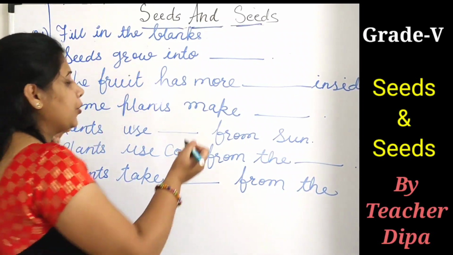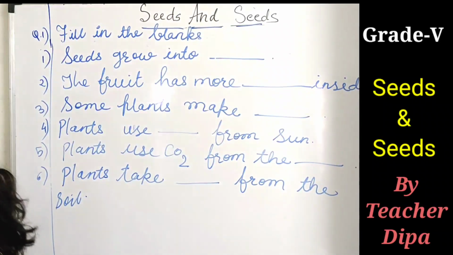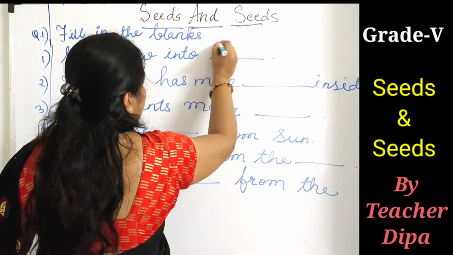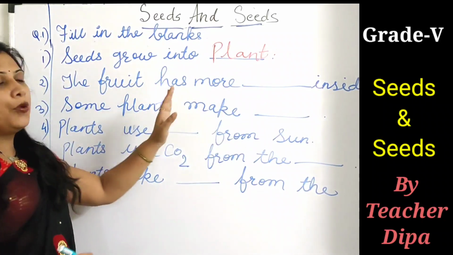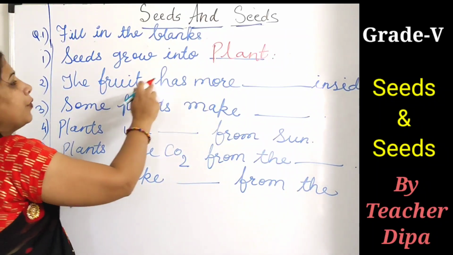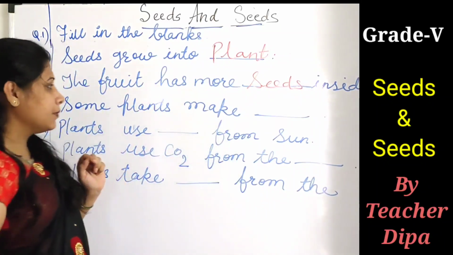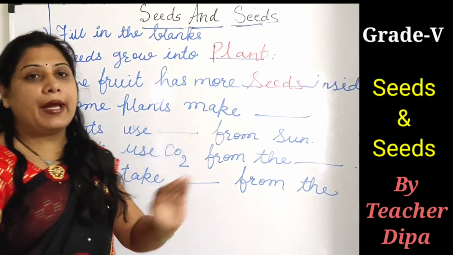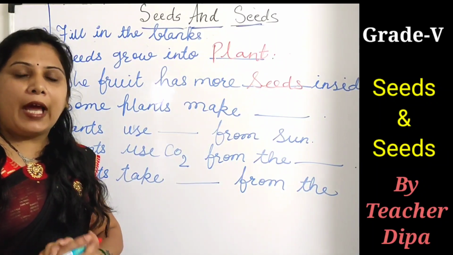So seeds grow into plants. The fruit has more dash inside. So we have to write the fruit has more seeds inside. Some plants make dash. Now some plants give us fruit and some will not.